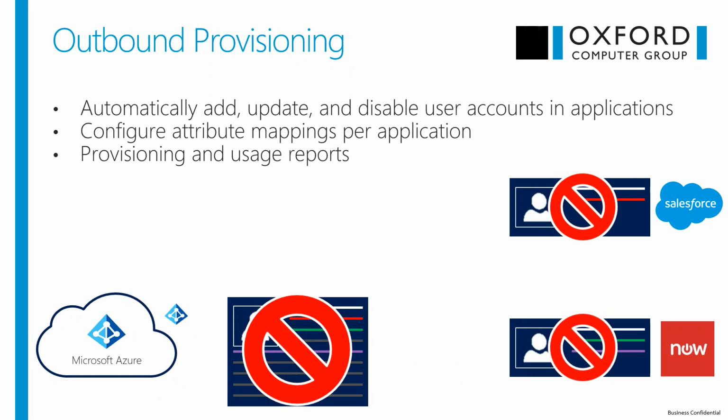And then once the users are disabled in your on-premise Active Directory, that synchronizes to the cloud, and then disables them in Salesforce and ServiceNow or any other SaaS applications. And that's being done through the SCIM protocol, and that's how Azure Active Directory is facilitating talking with SaaS applications like Salesforce or ServiceNow.